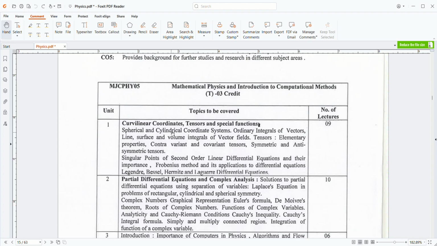Spherical and cylindrical coordinate systems, and line, surface and volume integrals of vector fields.